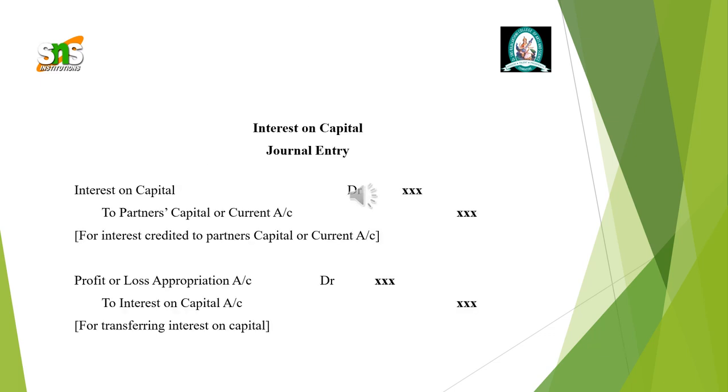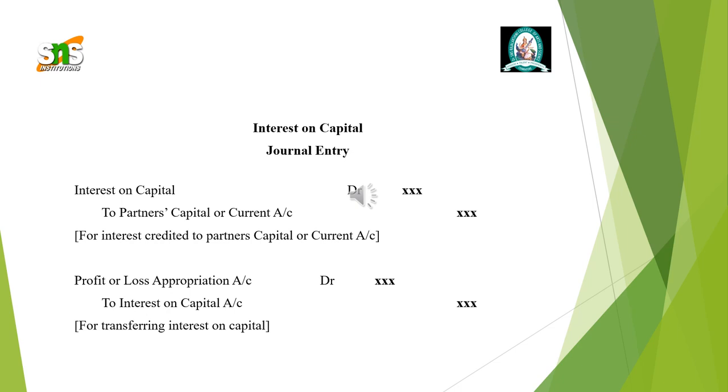So this is the format journal entry for your interest on capital. When the interest on capital is to be updated, we have to debit your interest on capital account, and credit the partners' capital account or current account. Why have we specified the current account? We may be following the fixed capital method or the fluctuating capital method.